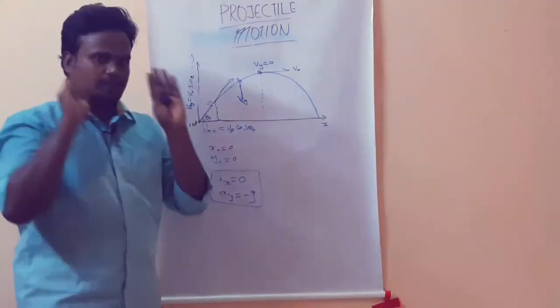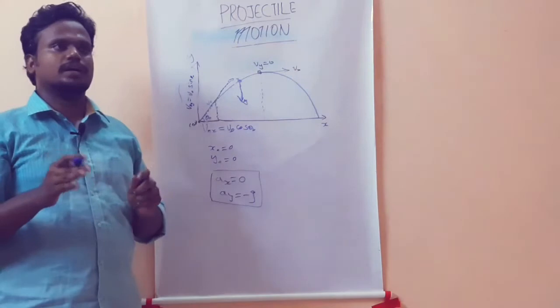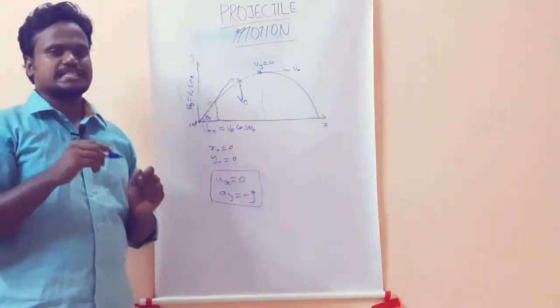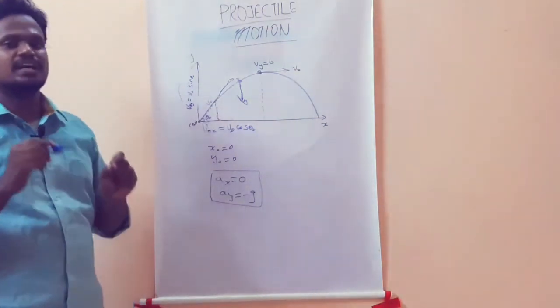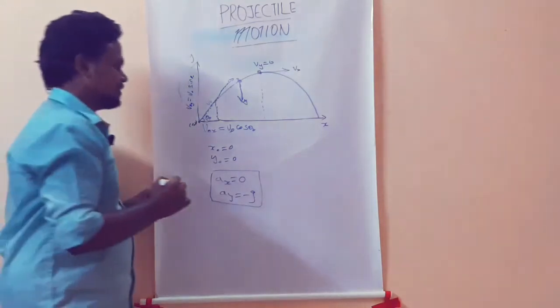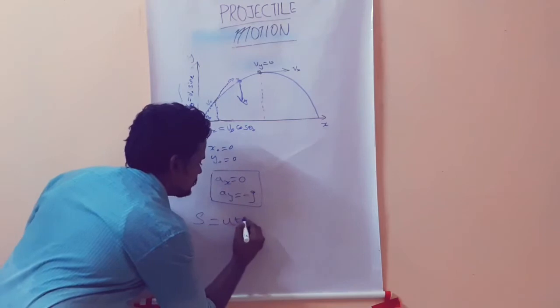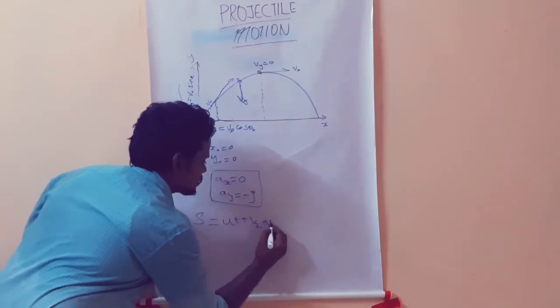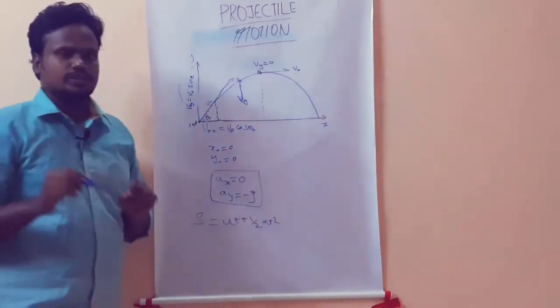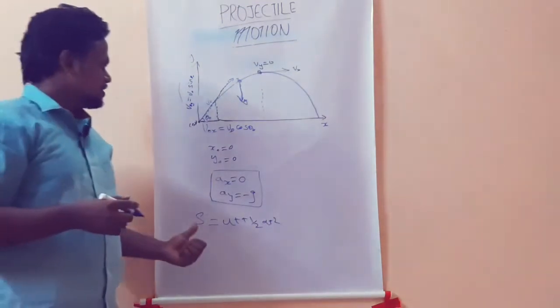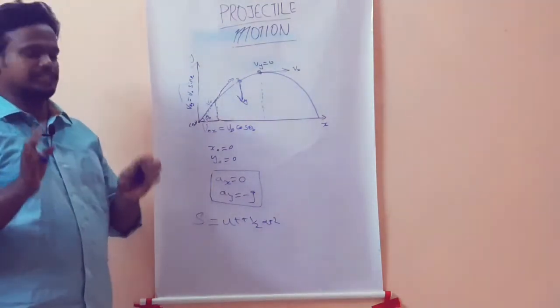With these things in mind, we are going to find the instantaneous position with the kinematic relation. We know one of the kinematic relations, s equal to ut plus half a t square. With this, we are going to find the instantaneous position of the projectile.